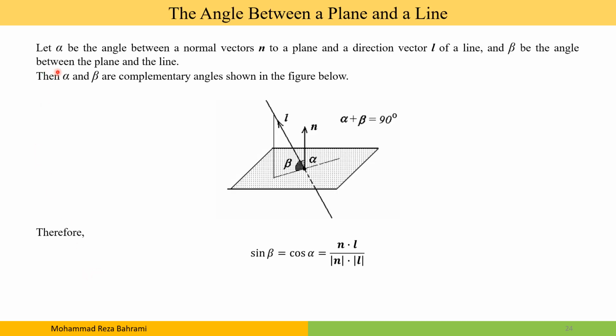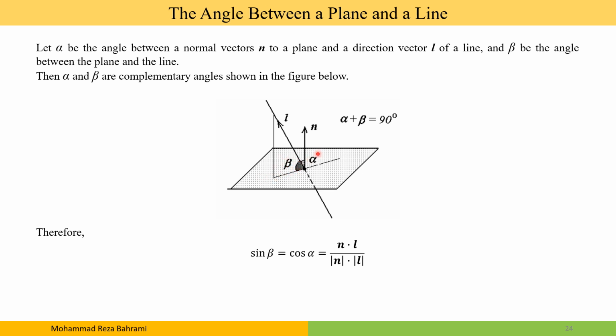So in the last part, we have the angle between a plane and a line. Let alpha be the angle between the normal vector to the plane and the direction vector of the line L, and beta is the angle between the plane and the line.